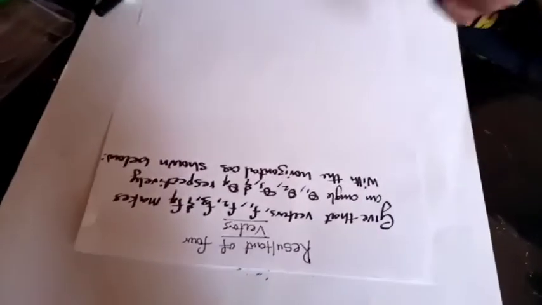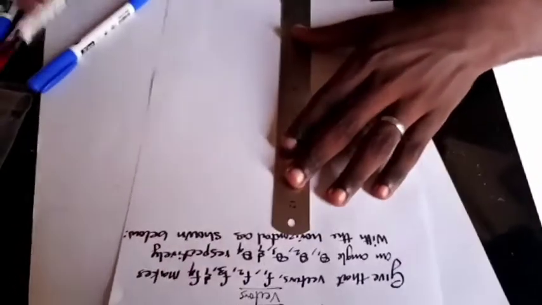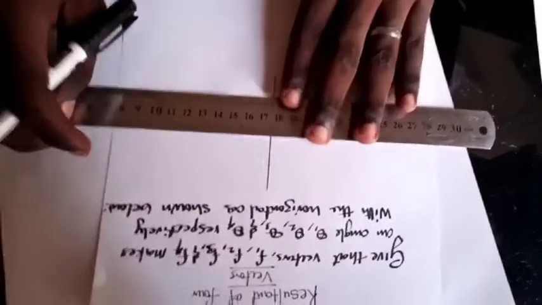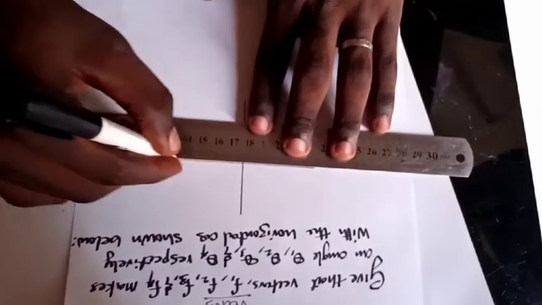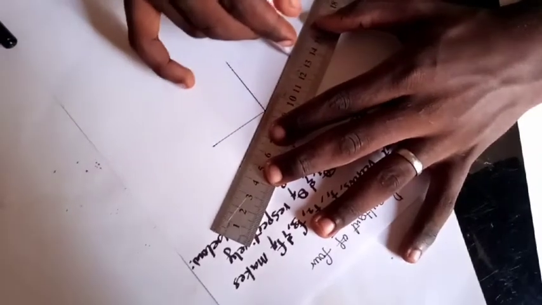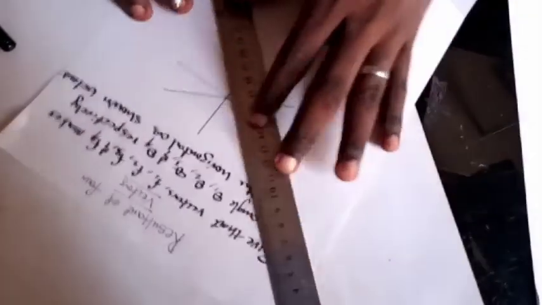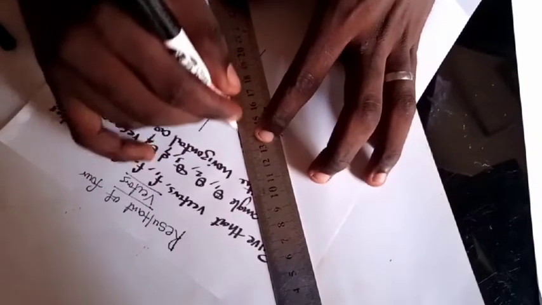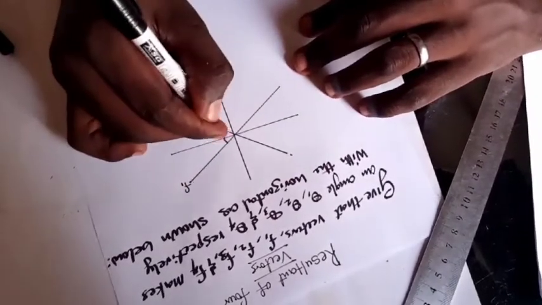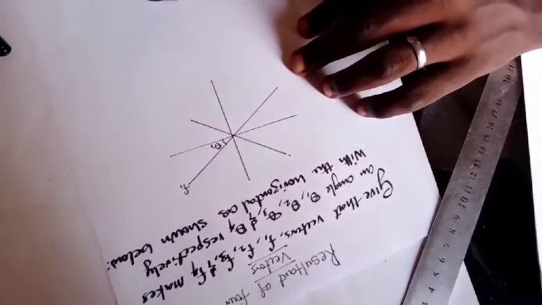So if I have 4 vectors that make angles theta 1, theta 2, theta 3, theta 4 with the horizontal as shown in this diagram we are about to draw. So let's say this is vector f1 and it makes an angle theta 1 with the horizontal.